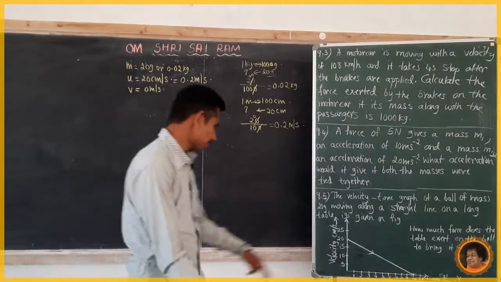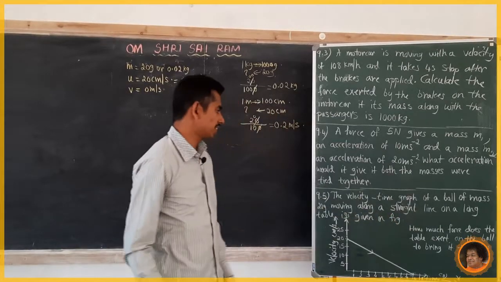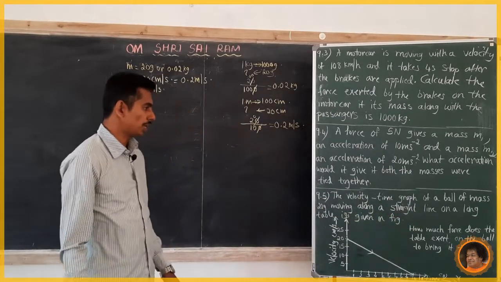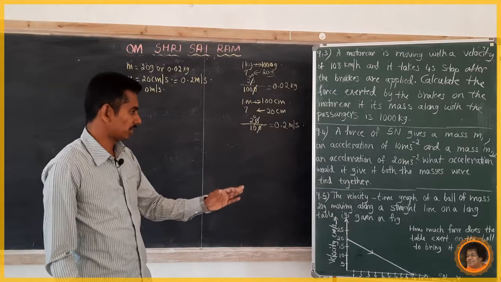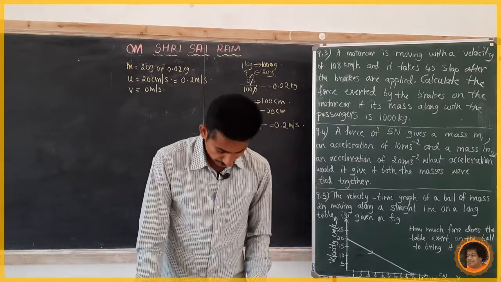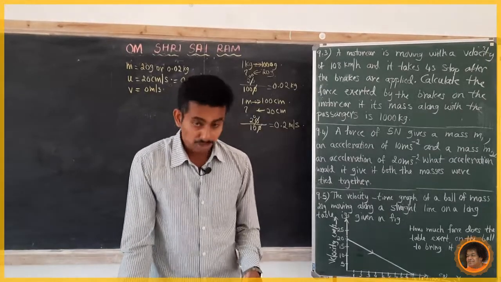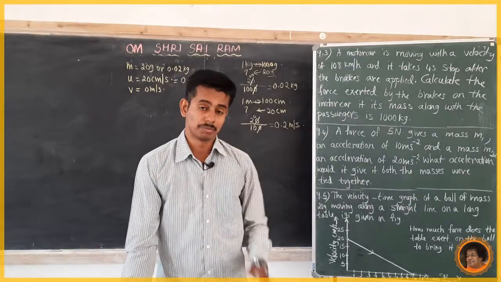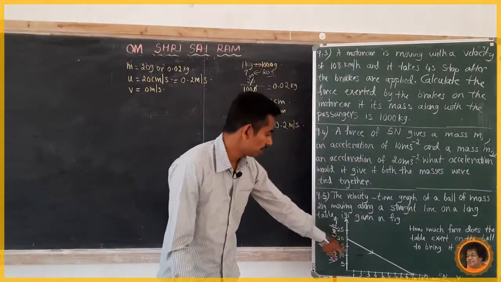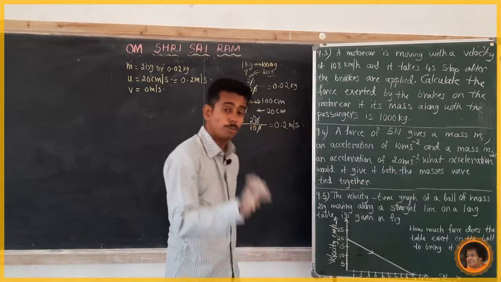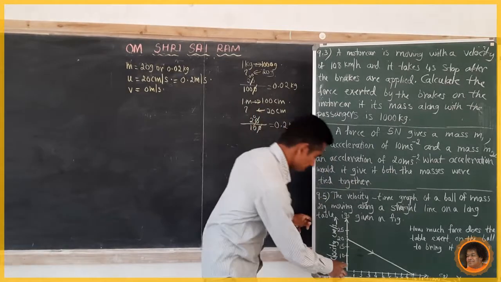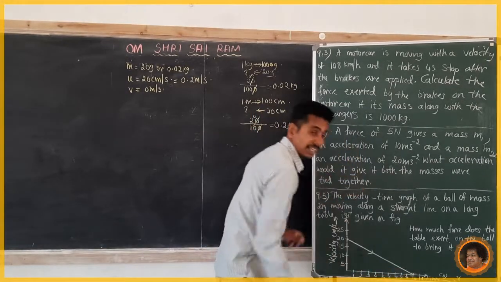Then how much force does the table exert on the ball to bring it to rest? So m is given, u is given. Now tell me, what is the time? It starts from 20, then comes to rest. How many seconds will it take? 0 to 10, so 10 seconds.